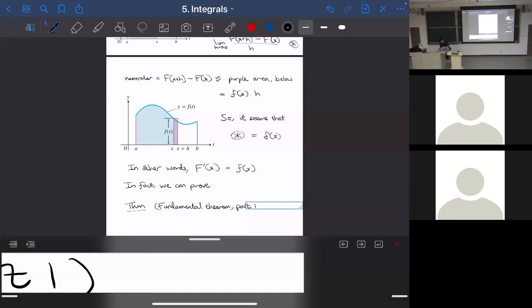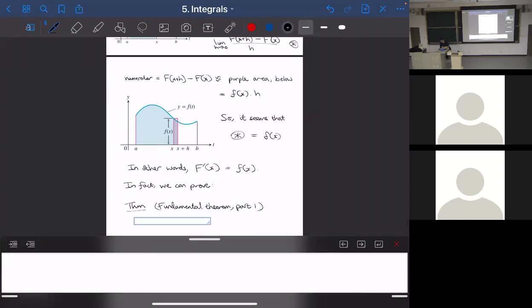So it's divided into 2 parts in the book, and for good reason. So let me say part 1, and then we'll give some examples and prove and explain part 2, and then we'll come back and prove part 1 later.